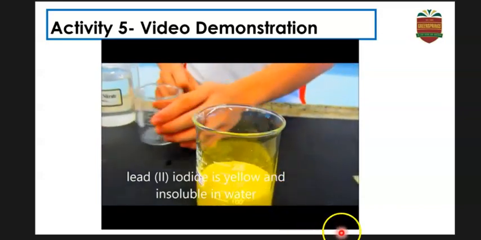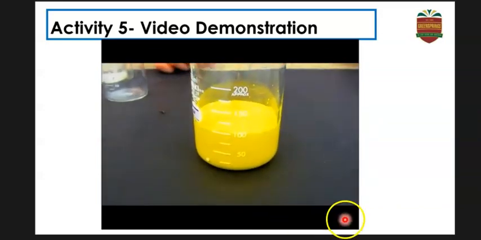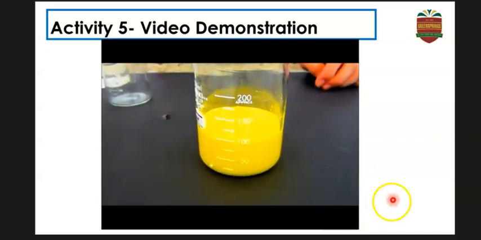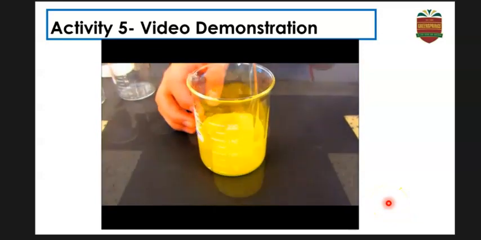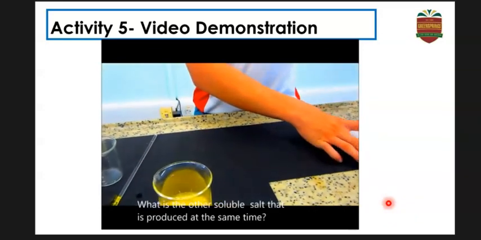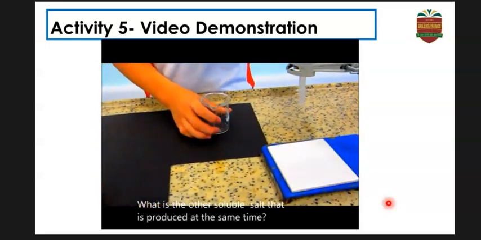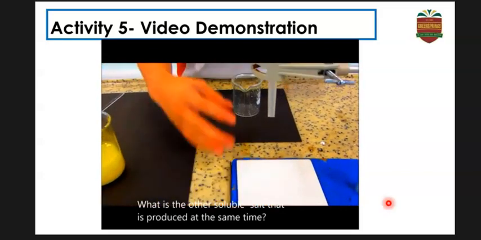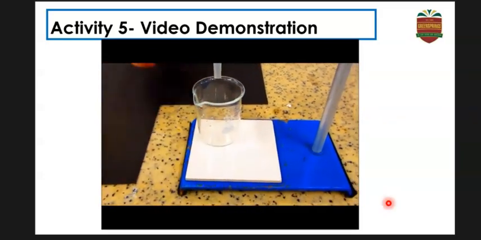Okay, so note your observation. So you may want to suggest, what do you think is being done next? Stirring. After stirring, of course, what do you think will be done? Good. We need to filter. So I want to ask, what will be the residue and what will be the filtrate?